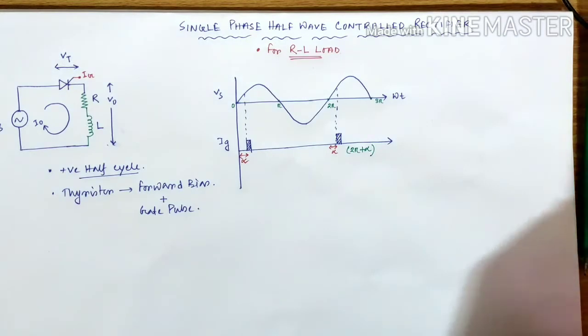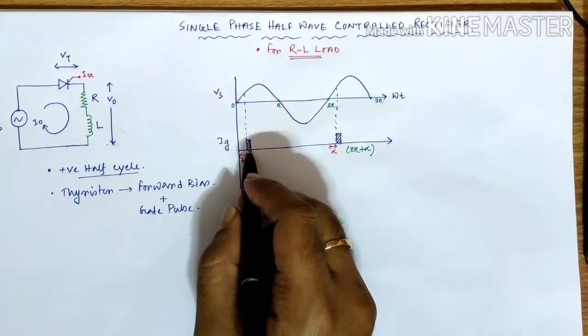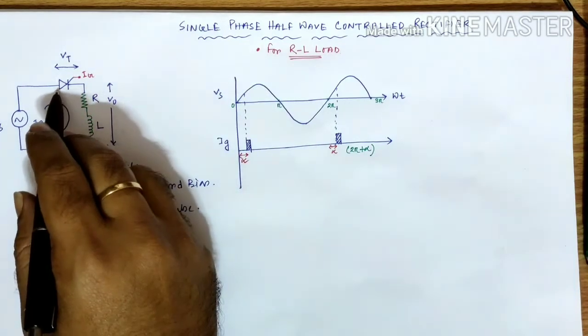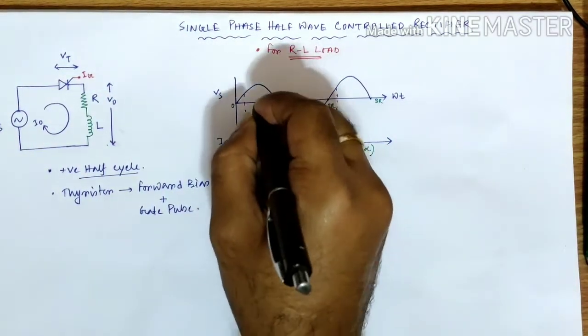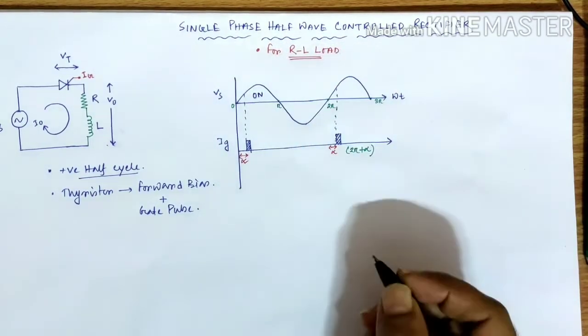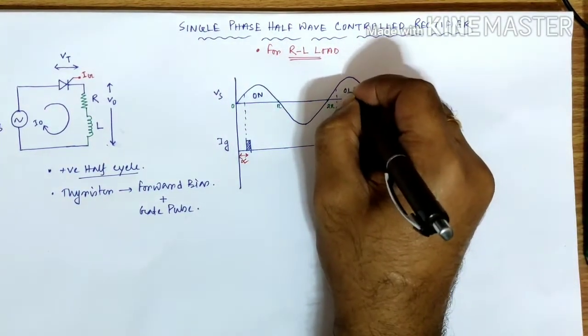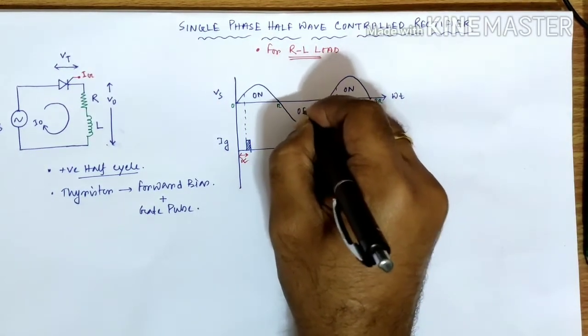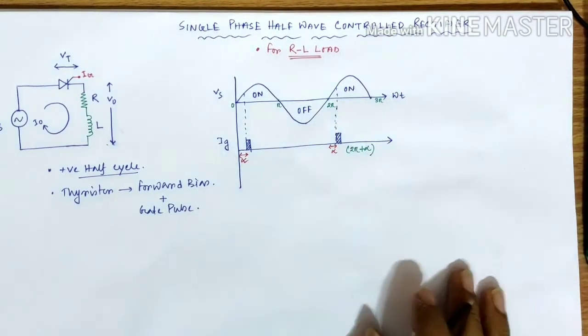Now as we have applied the gate pulse in the forward bias condition, the thyristor will turn on. So in this region the thyristor is on, and similarly here the thyristor is on. In the reverse bias condition, we know the thyristor is off.